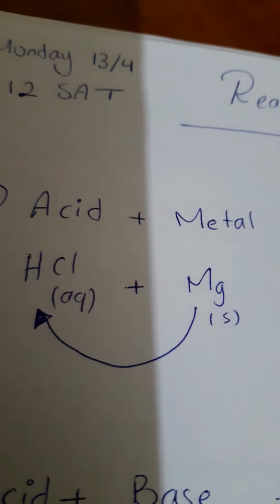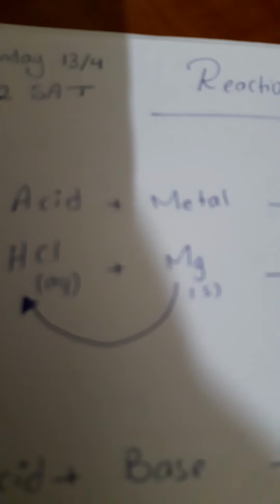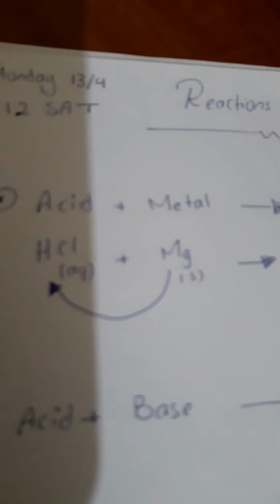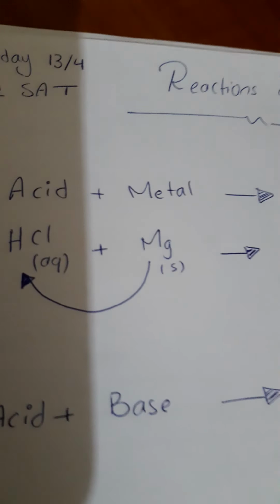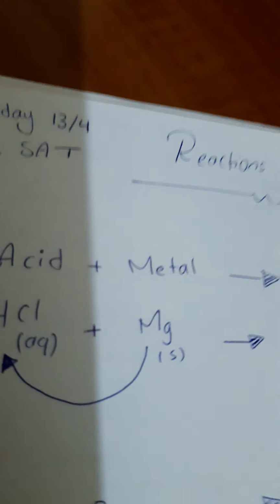Here the Mg would combine with chloride ions, so the products are MgCl2 plus hydrogen. To have a balanced equation, all we have to do is write 2HCl to balance this equation.